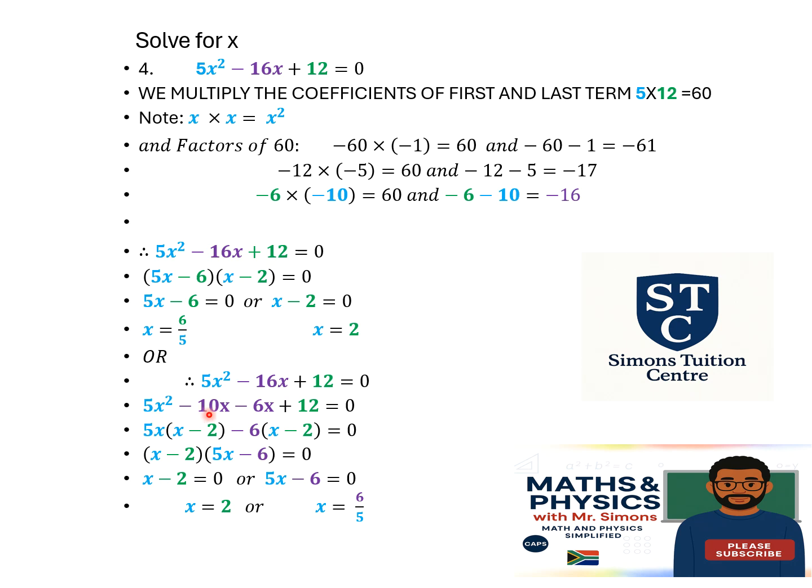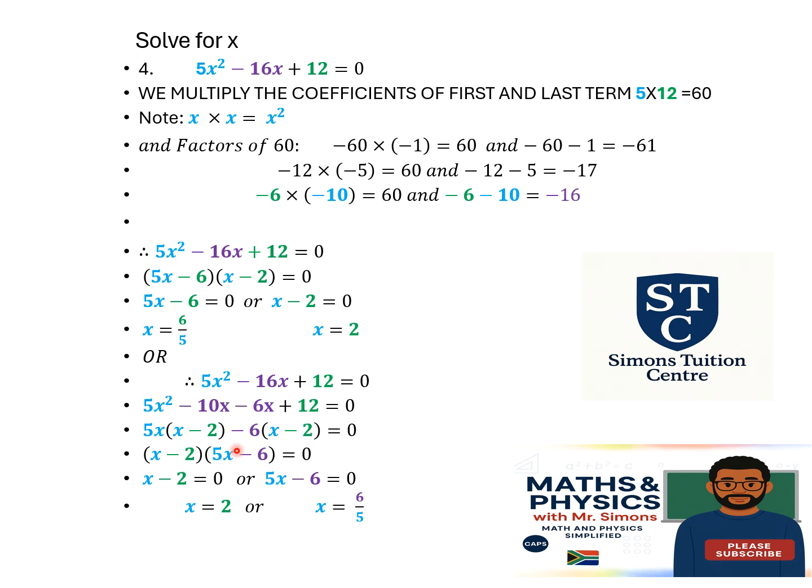What can go into 5 and negative 10? 5x. If I take out 5x, 5x squared divided by 5x gives me x, and minus 10x divided by 5x gives me negative 2. Minus 6 goes in both, so minus 6x divided by negative 6 gives me x, and 12 divided by negative 6 gives me negative 2.